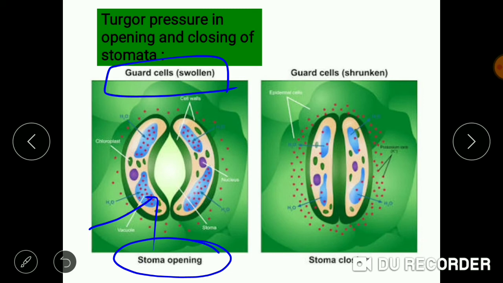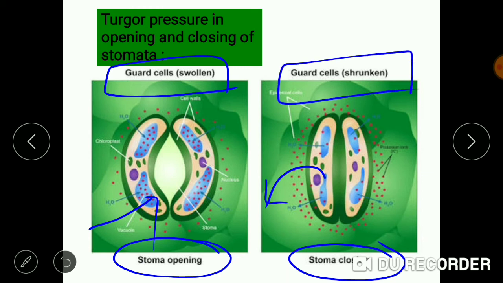During the night time, when there is loss of minerals, the minerals which were prepared in the process of photosynthesis are utilized, so now there is low solute concentration and the water molecules are moving out towards a high solute concentration, and hence leading to the shrinkage of guard cells, and the stoma closes and the stomata closes during the night time.